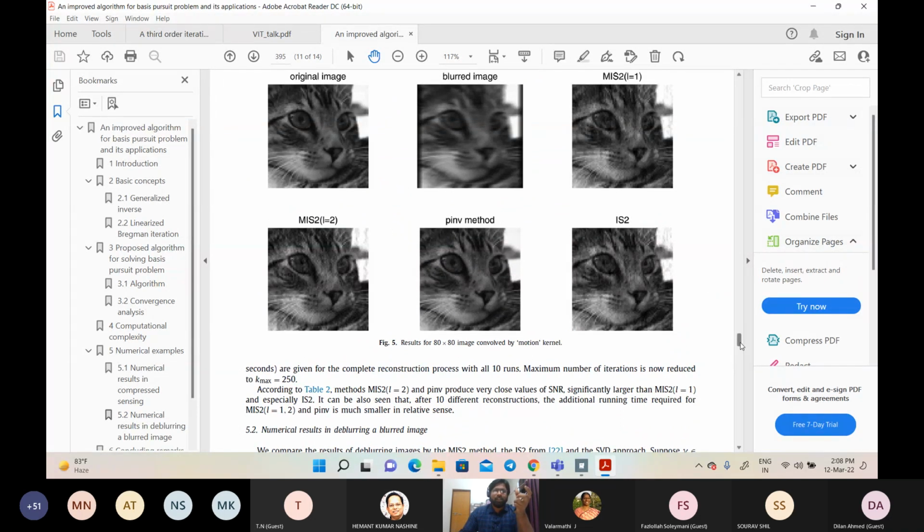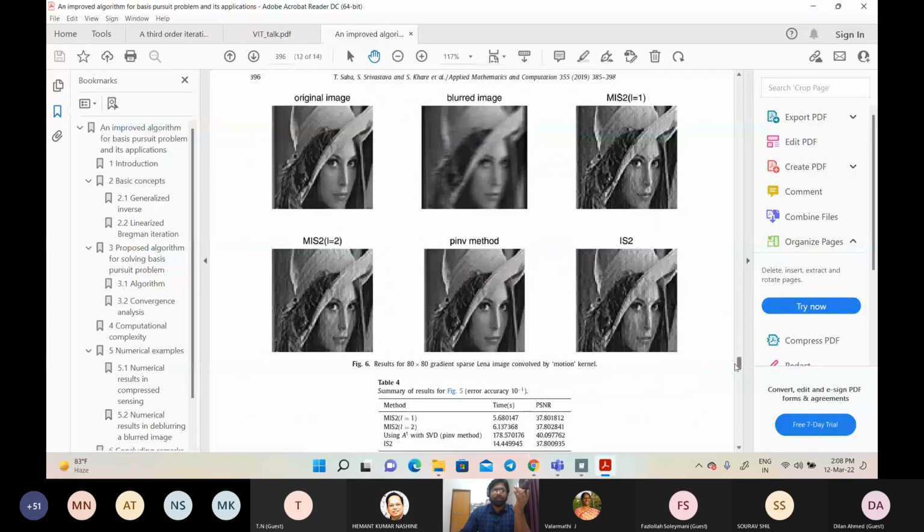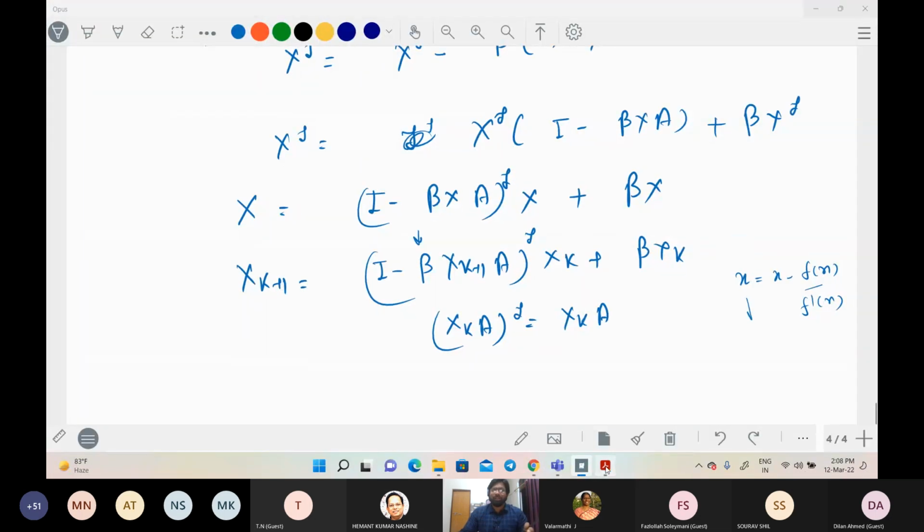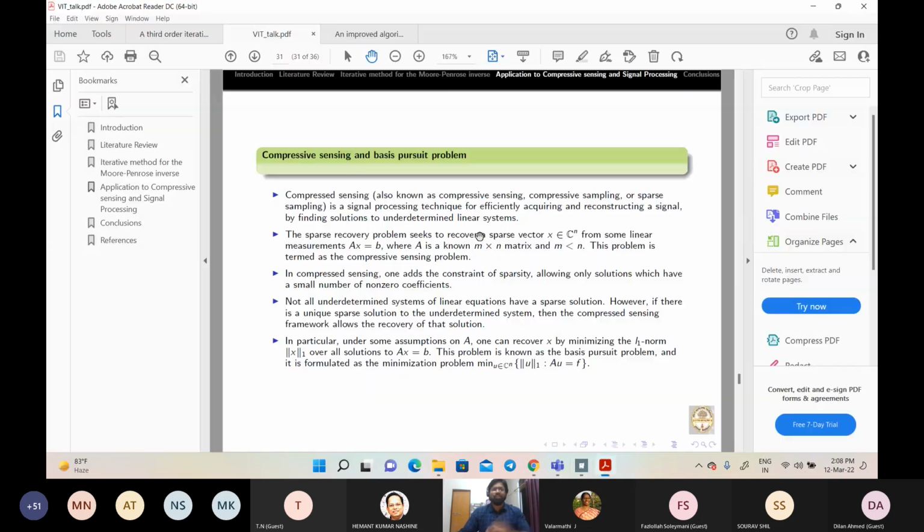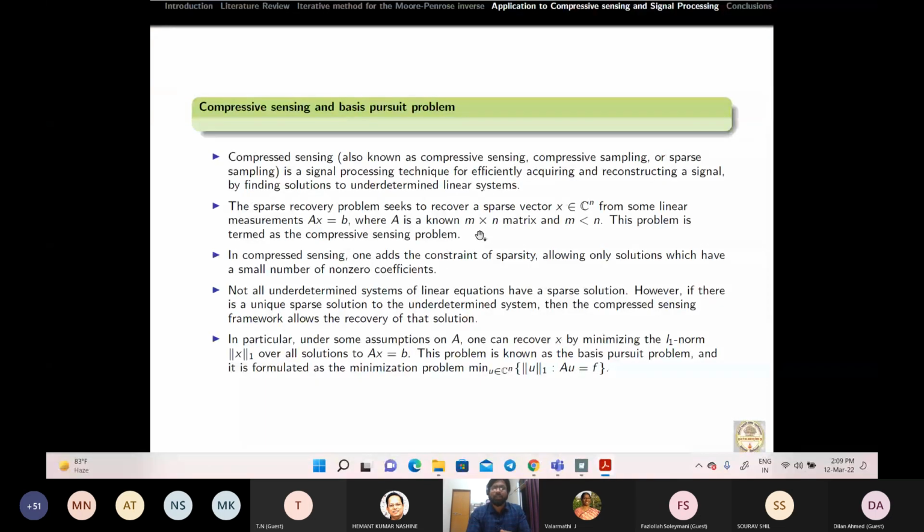So you can see, I think it may solve your problem: we have reconstructed the images and the signal also. Somehow we modified that method and applied it to the compressive sensing problem, image deblurring and signal processing. Thank you, sir. Thank you so much.